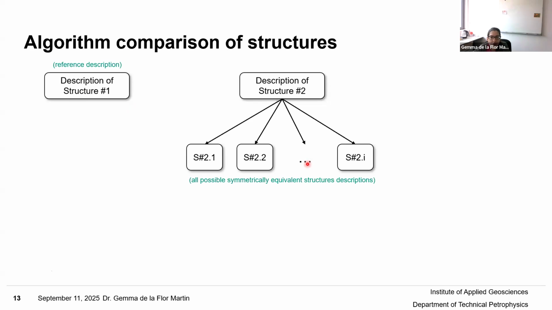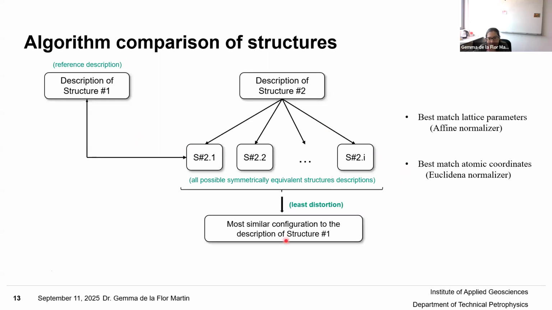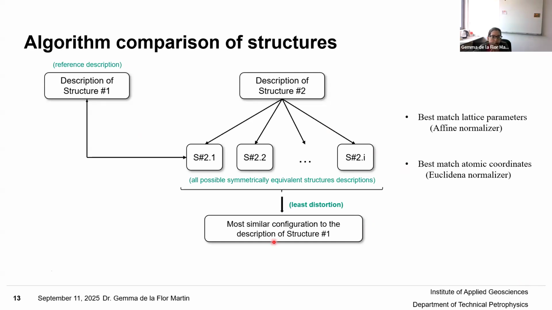From the elements of the affine normalizer, the program finds the best match of the lattice parameters, whereas the elements of the Euclidean normalizer find the best match of the atomic coordinates of the 2 structures. The description of the second structure most similar to the reference one is called the most similar configuration to the description of structure 1.